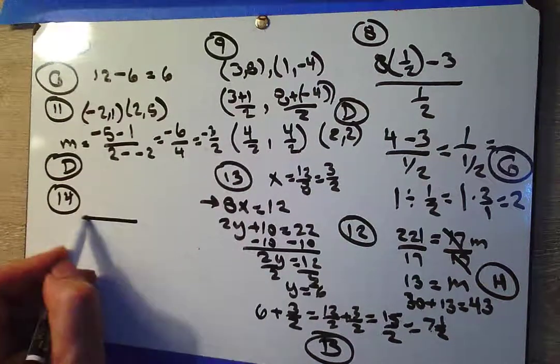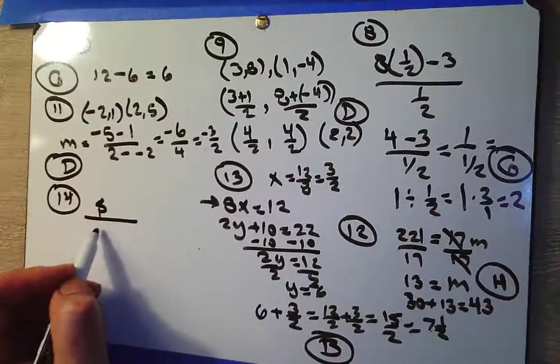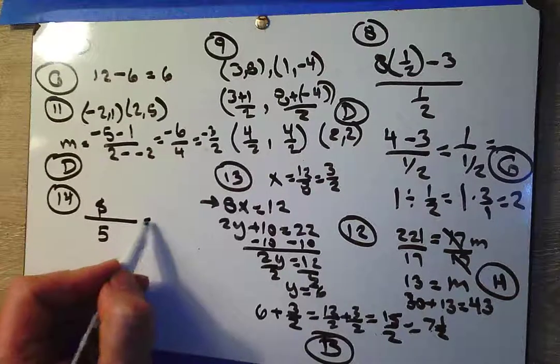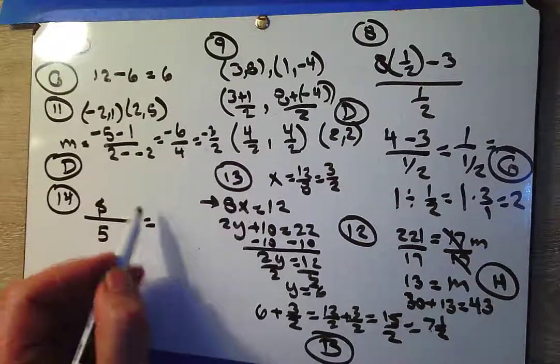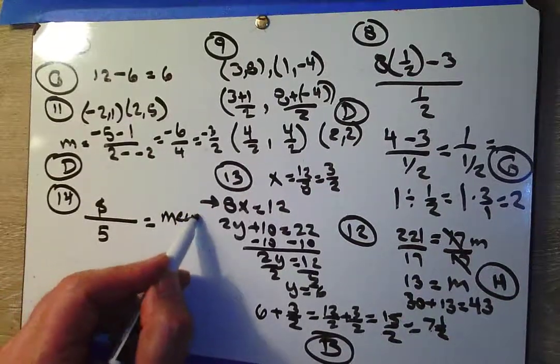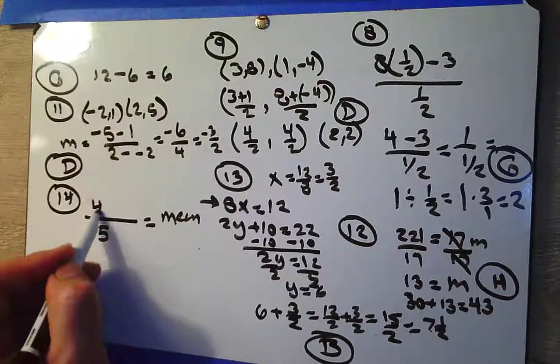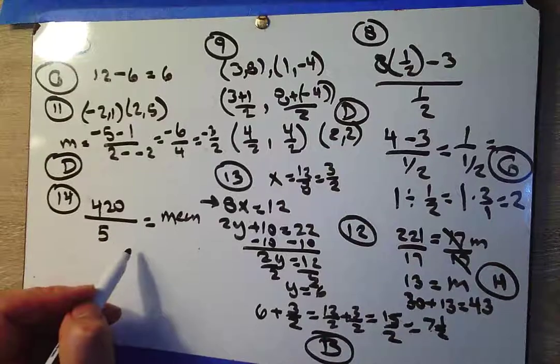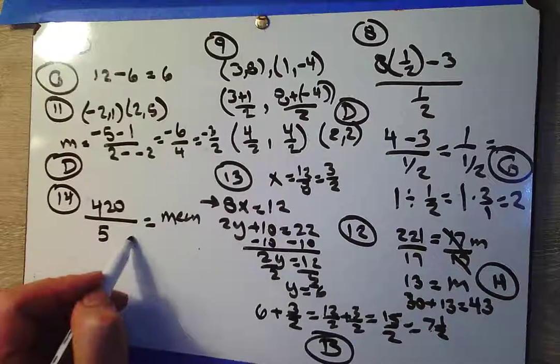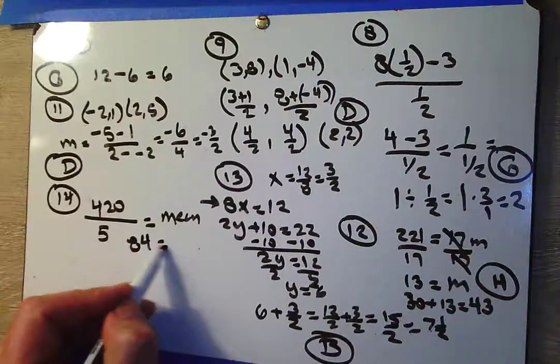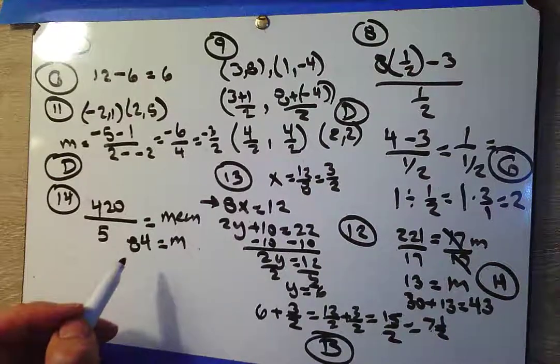We know there's this sum divided amongst 5 scores gives us the mean. And that sum, they told us, was 420. Well, 420 divided by 5 is 84. So I know the mean is 84.